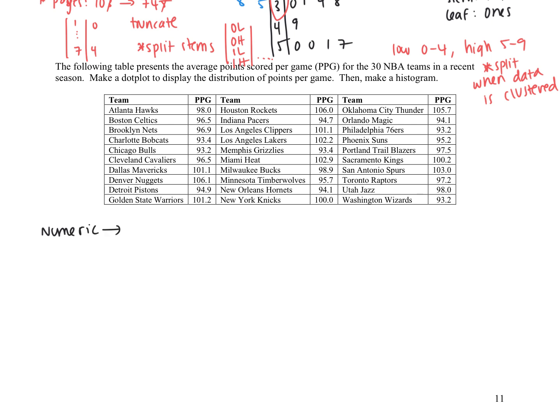And then you should be thinking, I only have one variable. We don't care about the team name. All we care about is this points scored per game. So if we have one variable and it's numeric, our options are we can make a dot plot, we can make a stem and leaf plot, or this new one is called a histogram.